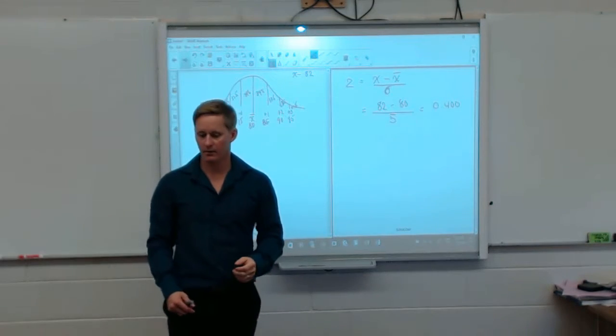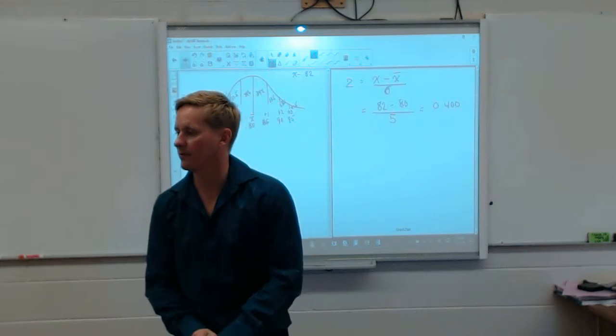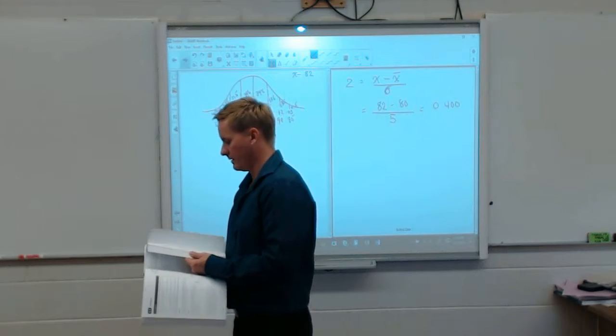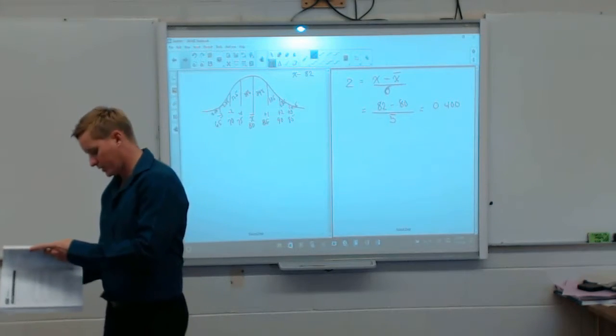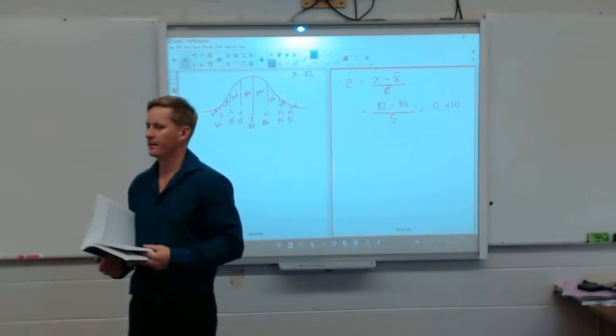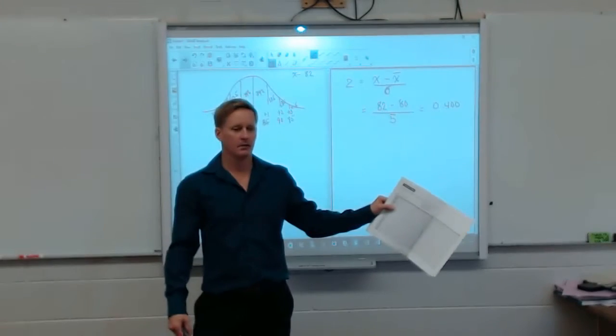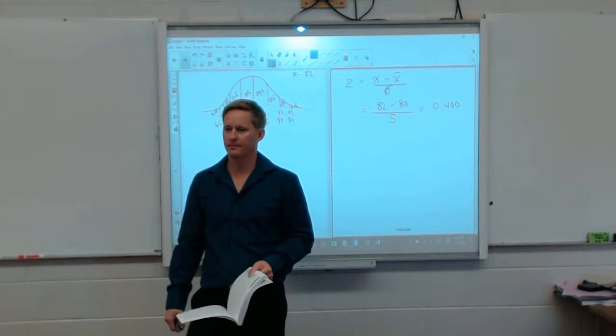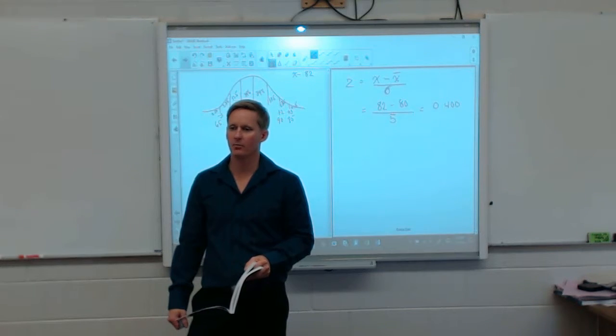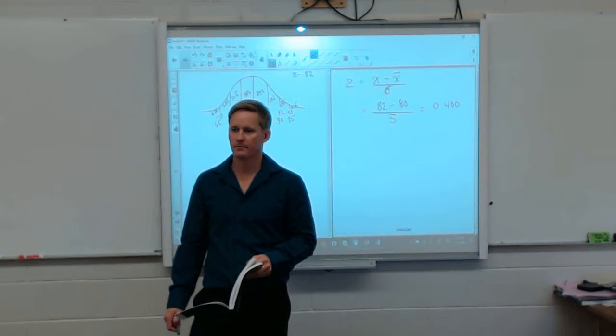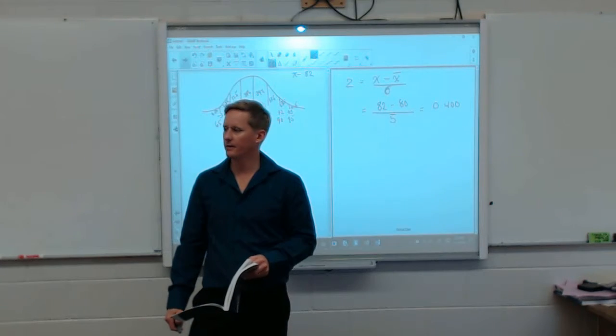Now, how do I find out how many people scored greater or less than that? How do I find that out? I use that decimal value, and I go to the back of my book. And at the very back of the book, on page 294, 295, is a chart. So you want to open to this chart. Everybody wants to open to this chart, Justice. What page? 294. 294, 295.